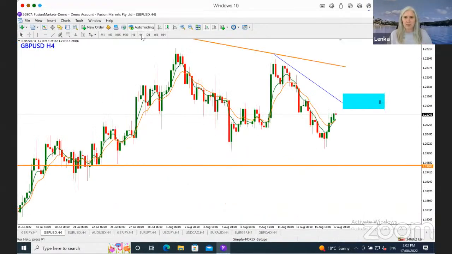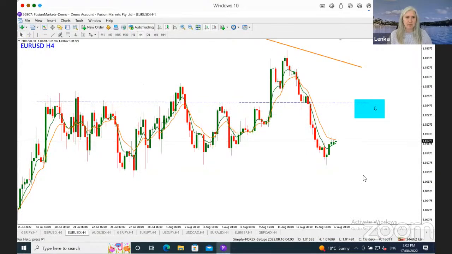So I have enough room if the price action gets to the top of the previous trend line to actually take a trade short, and we have at least 1, 2, 3 even to the previous level of support, and possibly 1 to 2 to these previous lows. So if we do have a turnaround at that trend line, I'm going to look for short opportunities.